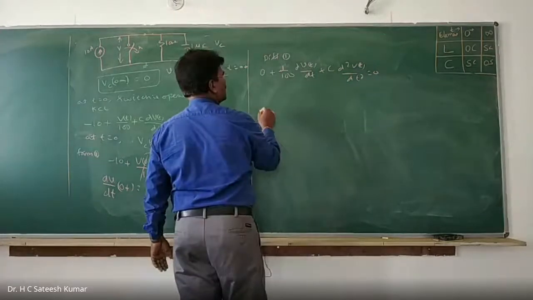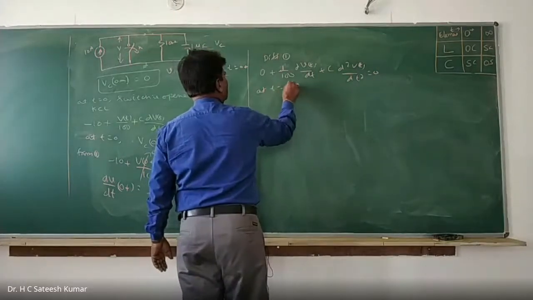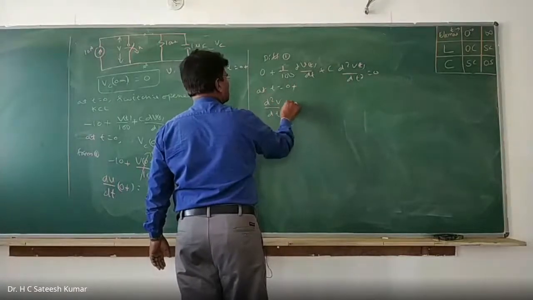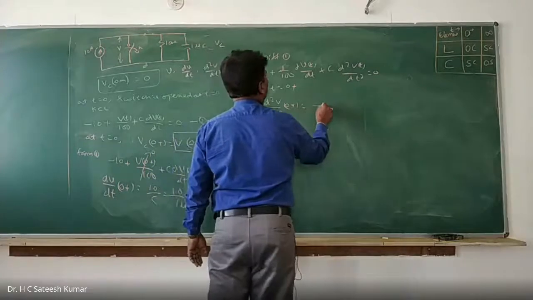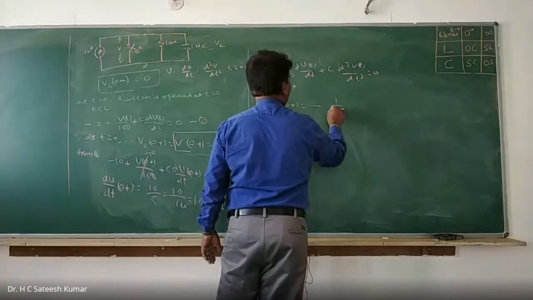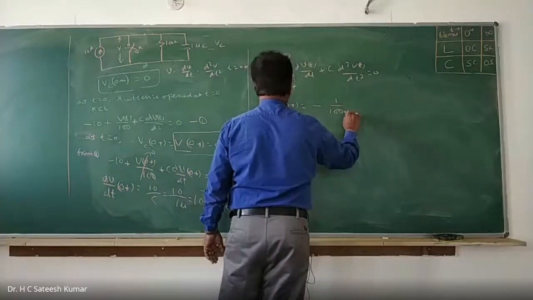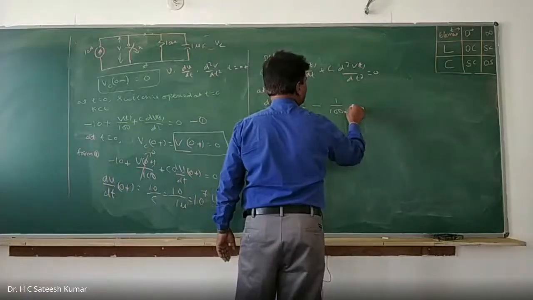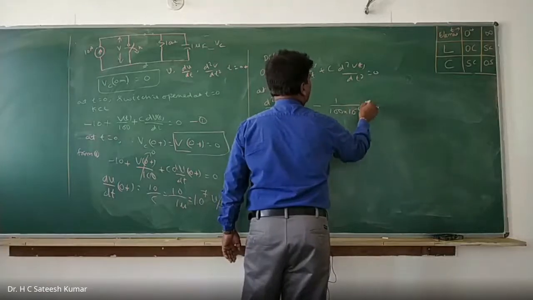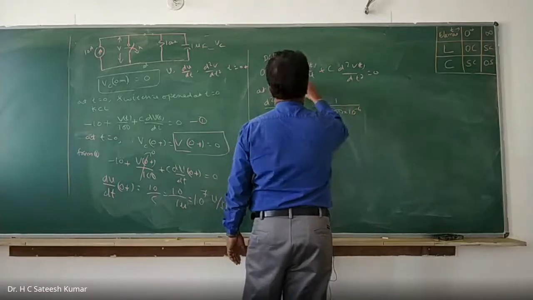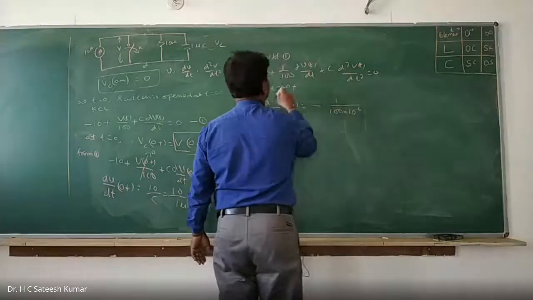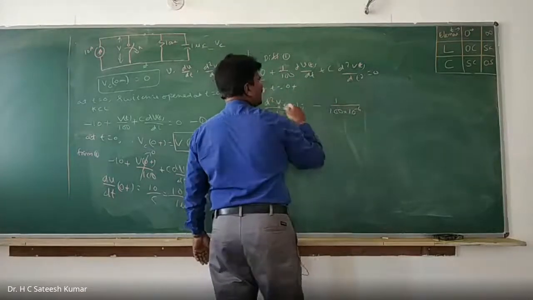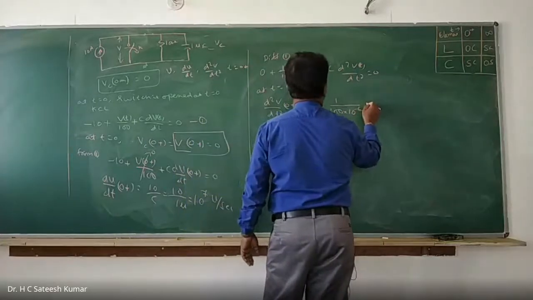So therefore, at t equal to 0 plus, d squared V/dt squared at 0 plus is equal to minus 1/(100 C) into dV/dt. C is 1 micro, 10 to the power of minus 6. Transfer C to the denominator, you will get minus 1/100 into dV/dt.